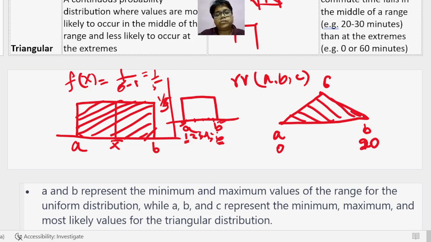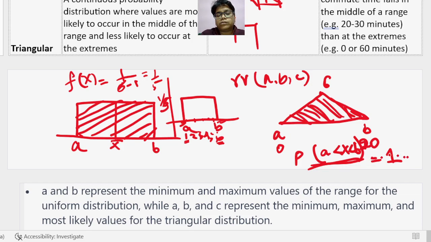So the probability of x lying within the range of A and B is equal to 1. This area is denoted by this figure.